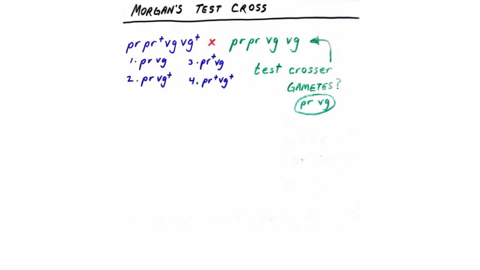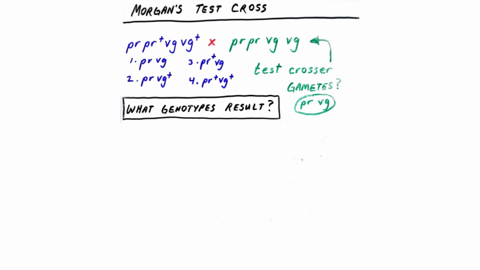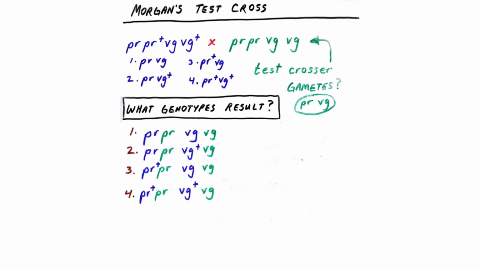So we've got four options for the one individual. We have one type of gamete for the test crosser, and then we look at what are the genotypes. So I've drawn them in here with the test crosser gamete that comes together at fertilization in green. It's always the same thing. And then for the other individual, it's going to be either the PR or the PR plus, the VG or the VG plus.